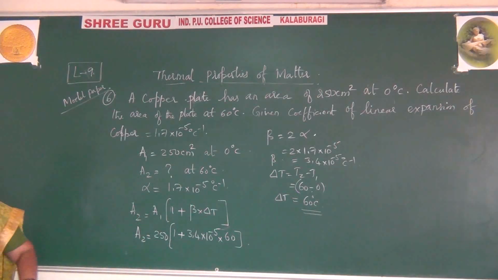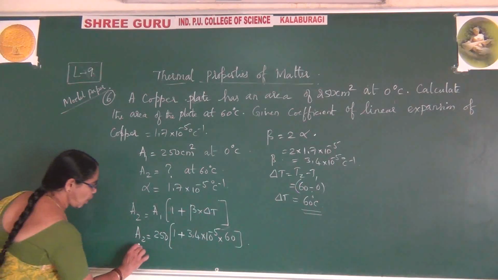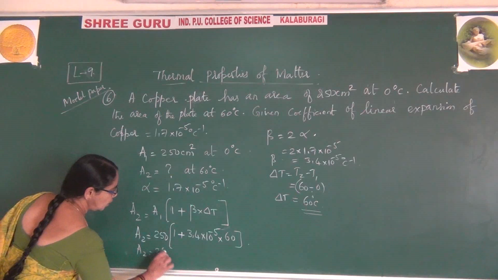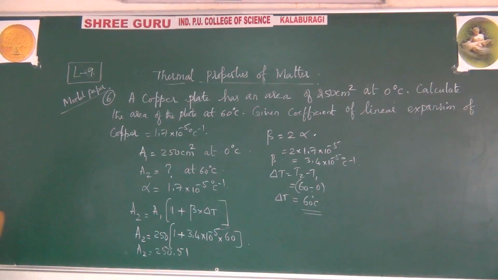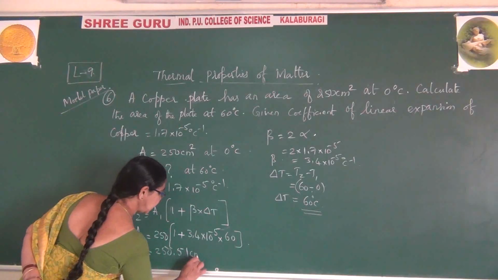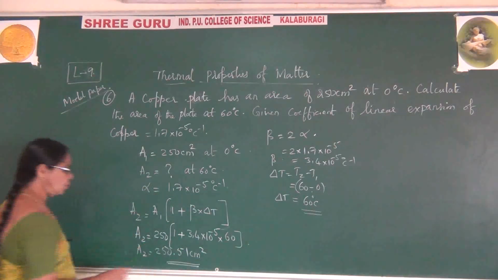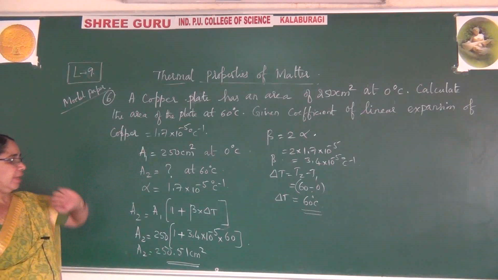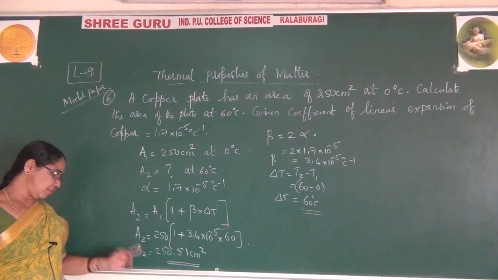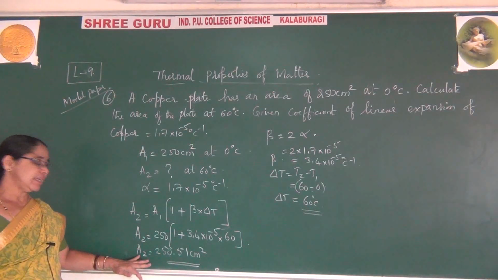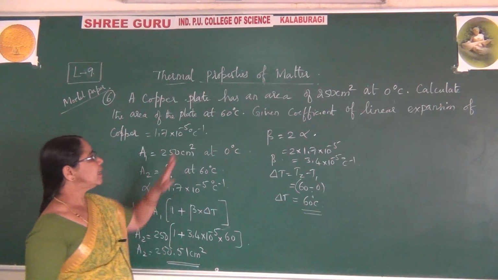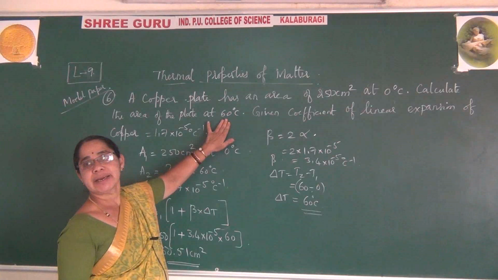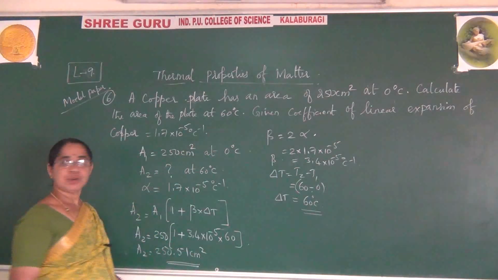So after calculating, finally you get 250.51 centimeter square. A small change it is. Right? So earlier it was only 250. Now it is 250.51 centimeter square, which is the new area after expansion when it is heated up to 60 degrees centigrade. Hope you understood this problem.